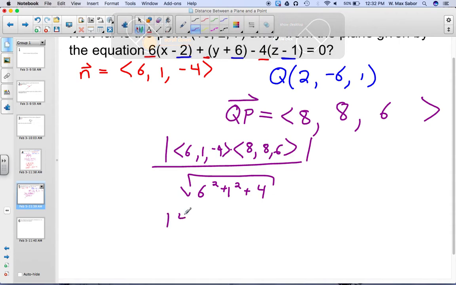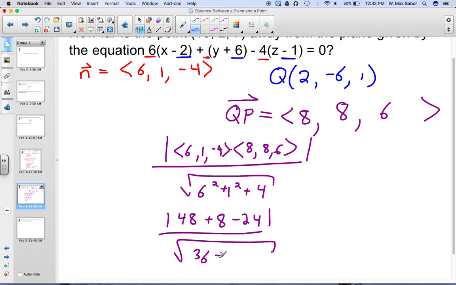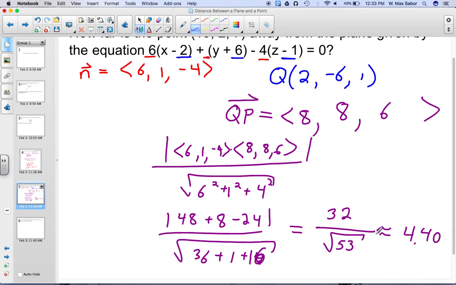So we have 48 plus 8 minus 24 over the square root of 36 plus 1 plus 16. This is 32 in the numerator, and in the denominator, 4 squared is 16, which gives me 53. Typing that into a calculator, we get approximately 4.40 is the distance.